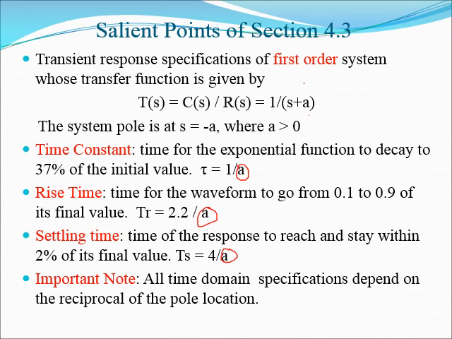And if the pole is at minus infinity, then all of them go to 0. So we can see here that the pole location is important. A system which decays very fast has to have its pole away from the imaginary axis.